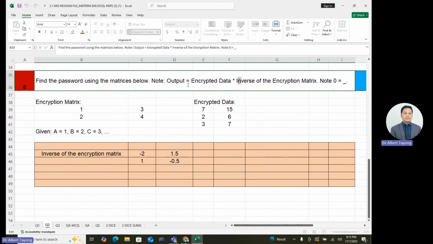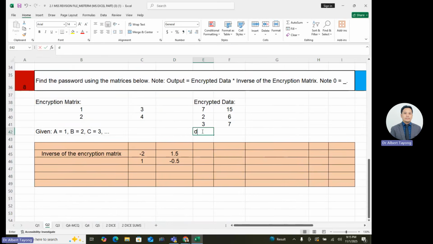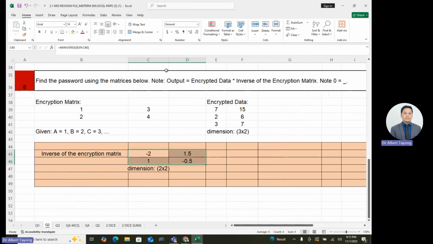Then now let's multiply our encrypted data and inverse of the encryption matrix. So first, let's get the dimension here. Here, dimension is 3 by 2 because we have 3 rows and 2 columns. And here, the dimension is 2 by 2 because we have 2 rows and 2 columns.